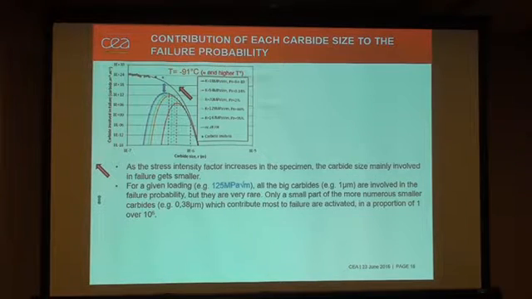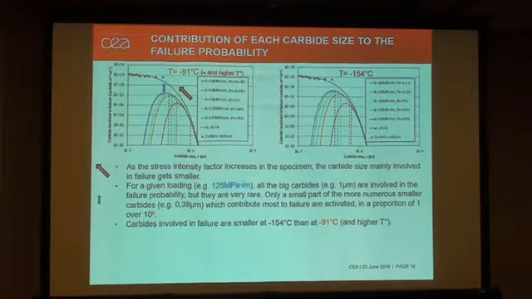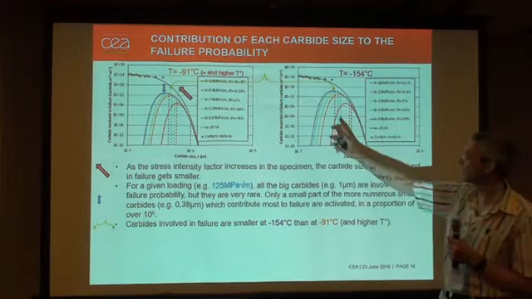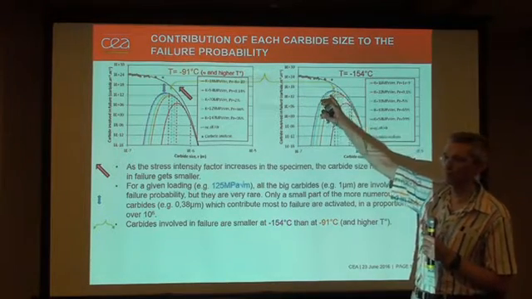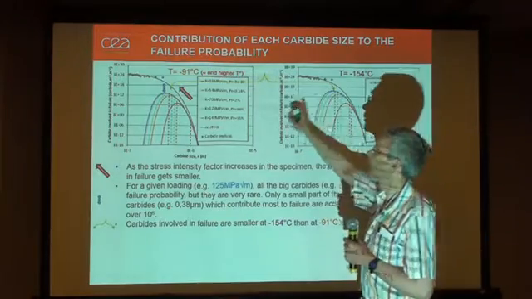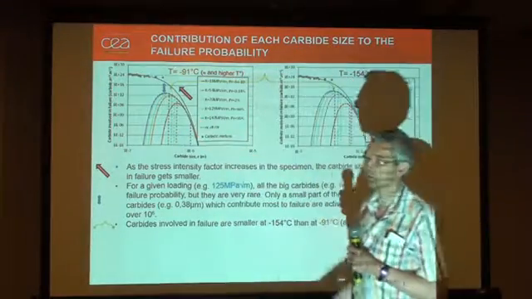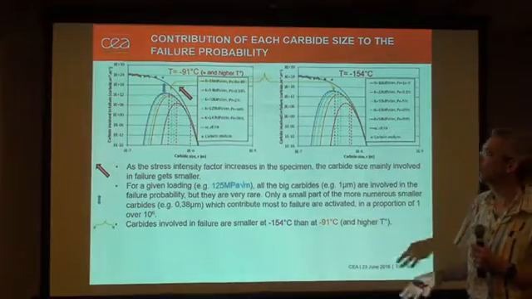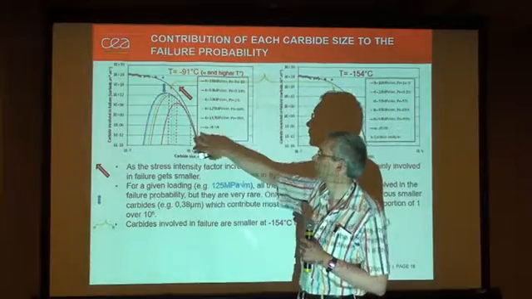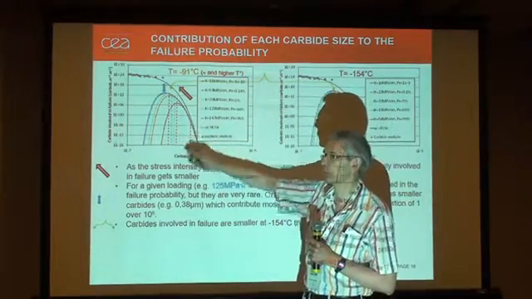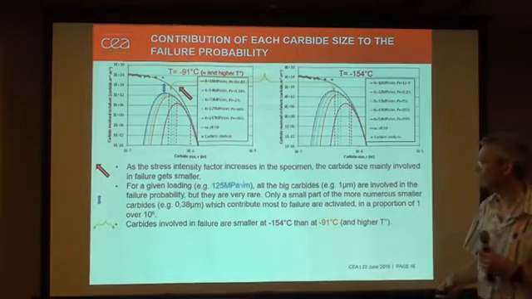Now, if we compare two different temperatures, with a lower temperature, we see that the carbides involved in failure are smaller than at T0, and above T0, I would have almost the same curves.